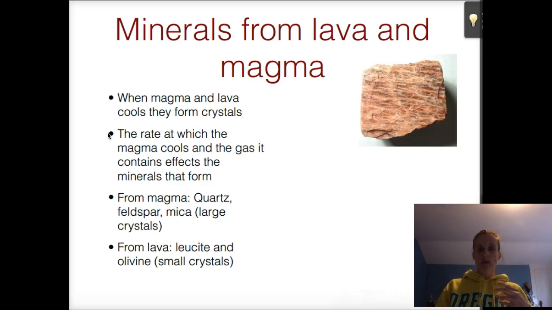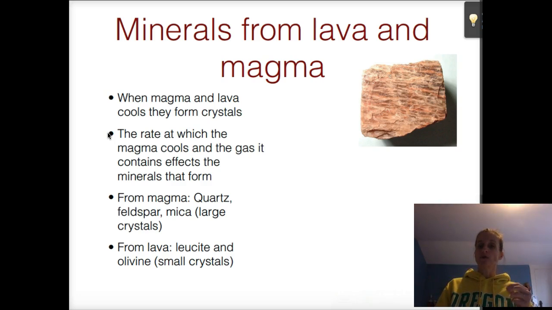The elements and compounds that make up minerals exist in the magma, and when this magma cools, these crystals form. The rate at which the magma cools and the gases it contains affects the minerals that form. That's why the minerals from magma and the minerals from lava can be quite different.